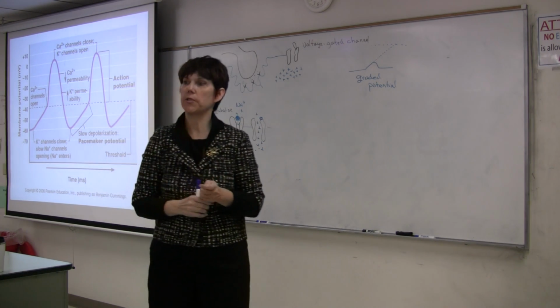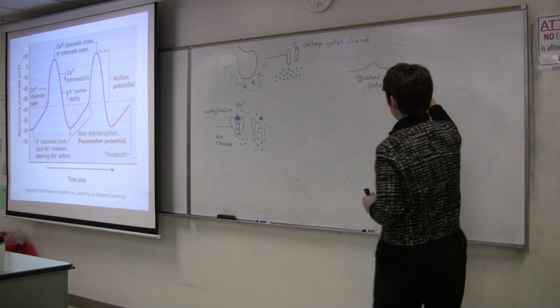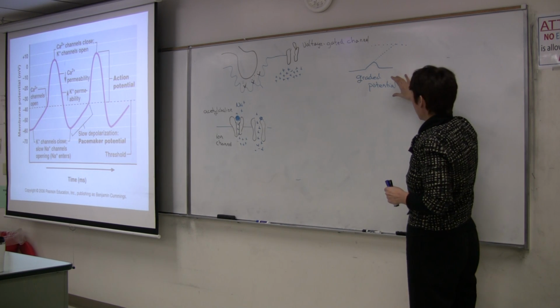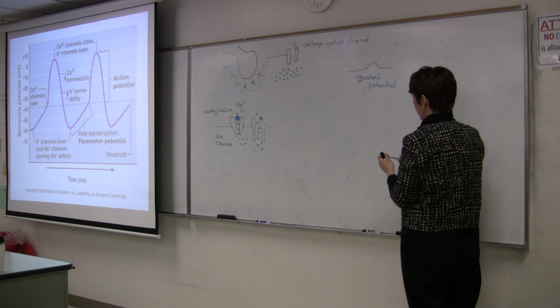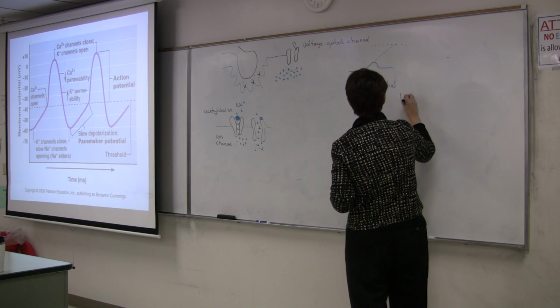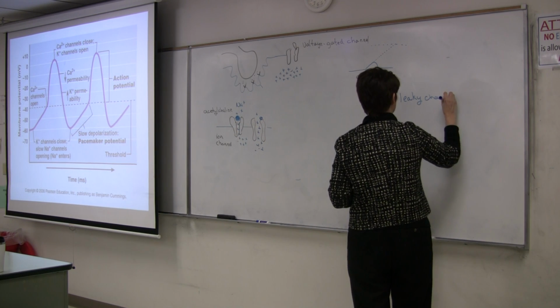So I want you to be able to recognize that another form of a potential is a graded potential. And graded potentials are formed using leaky channels, as we'll see in just a moment.